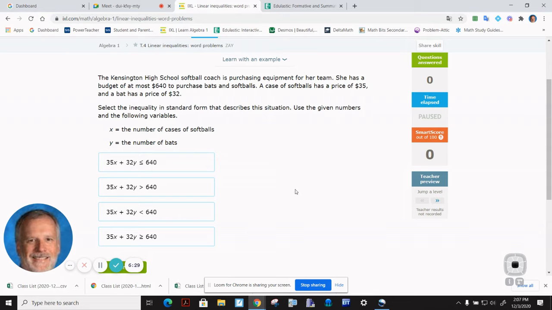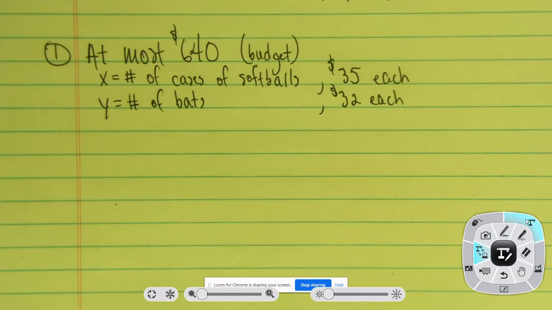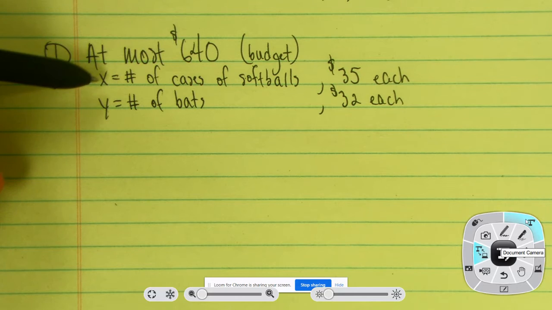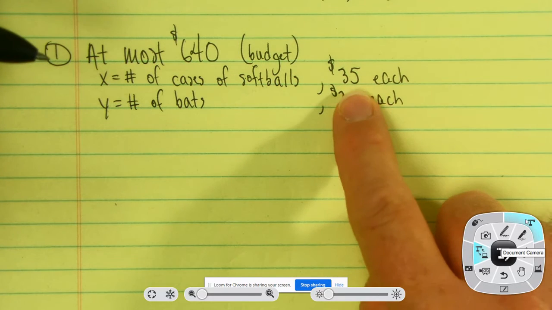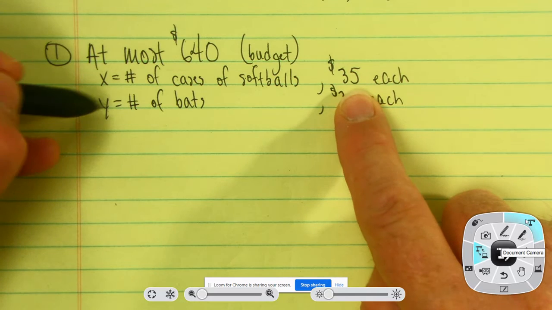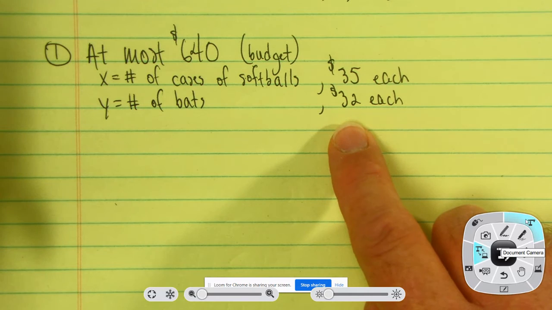So here's what we want to do. We will take the information, and like I said, I want you to write it down. So I've written it down, and I've condensed it to the most important thing. We can spend at most $640. X is the number of cases of softballs, and each case costs $35, and Y is the number of bats, and each bat costs $32.